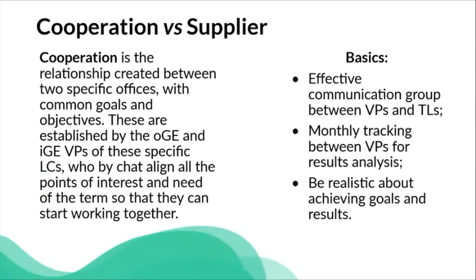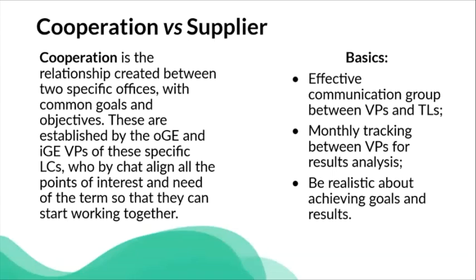And when we talk about cooperation, it is the relationship created between two specific offices with common goals and objectives. These are established by the OG and IG VPs of these specific LCs, who by chat align all the points of interest and need of the term so that they can start working together.